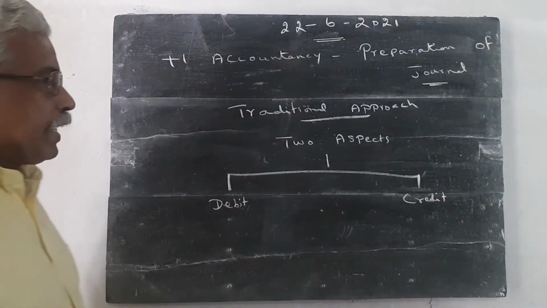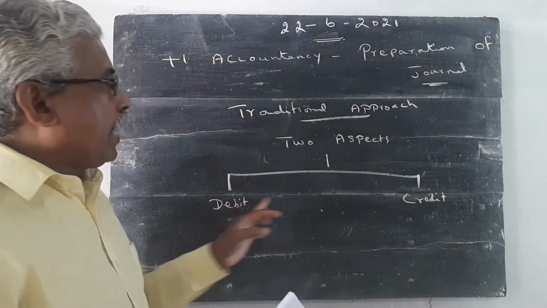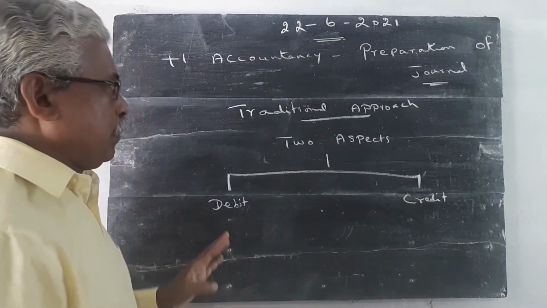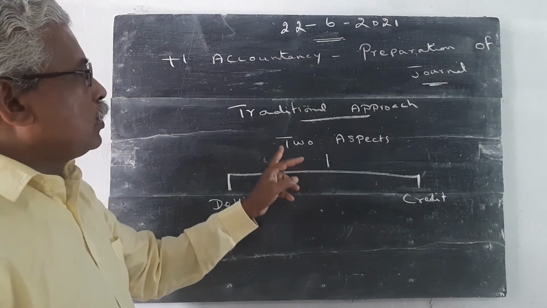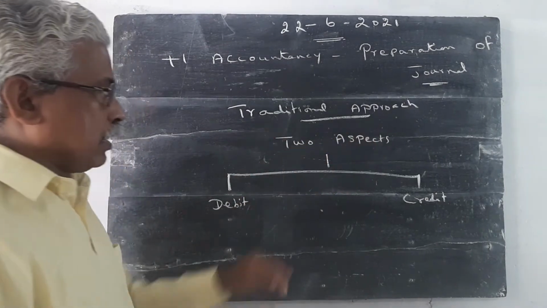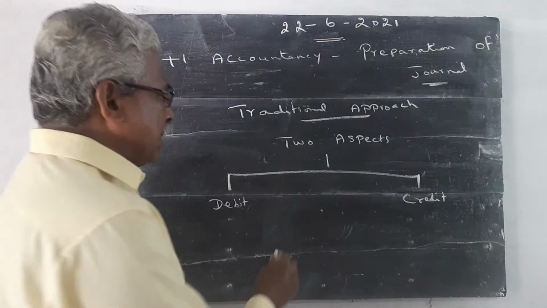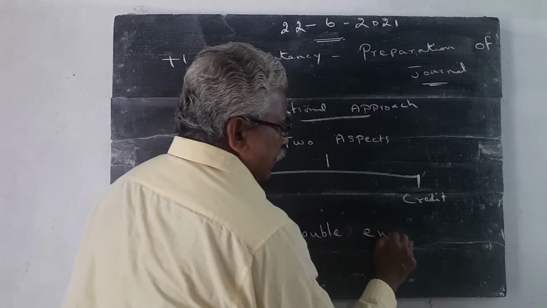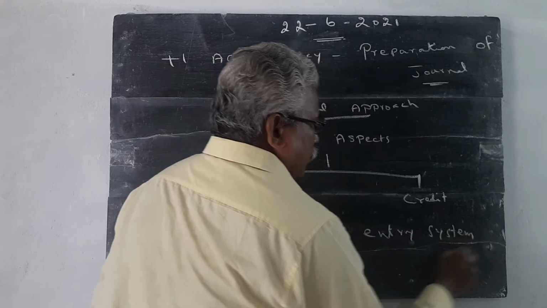In every transaction, if debit and credit are involved, they are called the two aspects of a transaction. It is also called the traditional approach. It is also considered the double entry system of bookkeeping. Double entry system. These are all new terms for you.